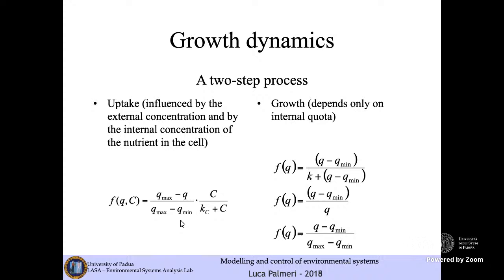For the growth rate, instead, the limiting effects on the growth part, the second step of the process, you may describe again by, for example, a Michaelis-Menten approach in which, instead of using the internal concentration Q, you simply use the difference between the actual internal concentration and the minimum internal concentration.